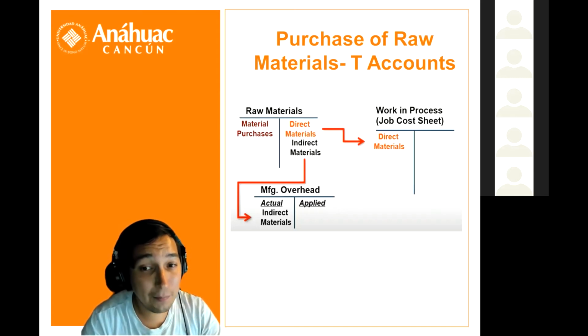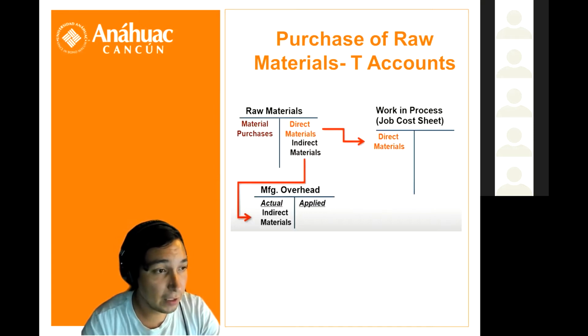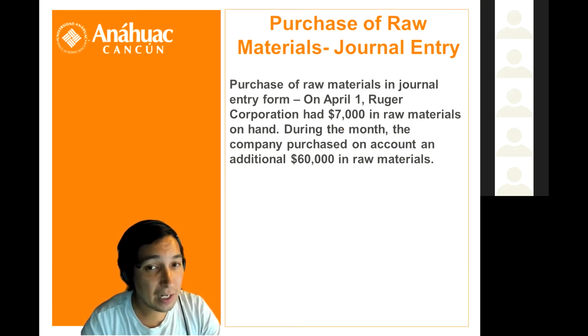But remember that the MOH bucket doesn't actually exist on any financial statement. It's where we gather all these costs, but at the end of the period we have to dump it out. So the debit side represents our actual costs, and the credit side is going to represent what we apply into our jobs. Okay, guys?